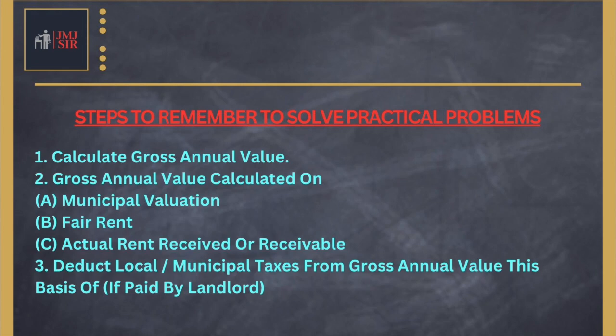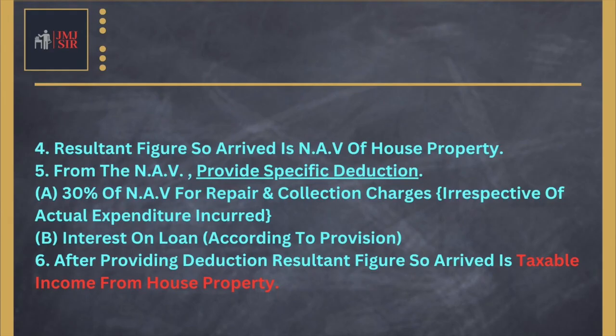Then after having calculated the gross annual value, we have to deduct the local or the municipal taxes from the gross annual value, if they are paid by the landlord. The resultant figure so arrived, after deducting municipal taxes from the gross annual value, is the net annual value of the house property.